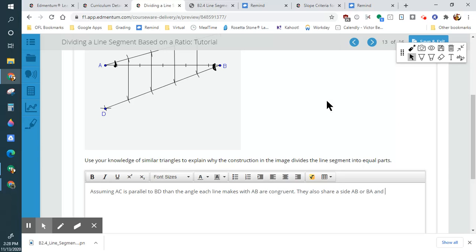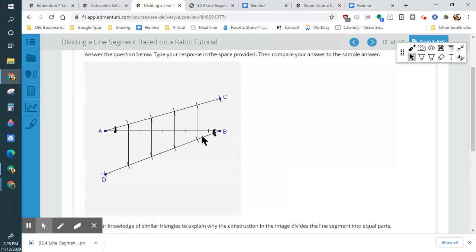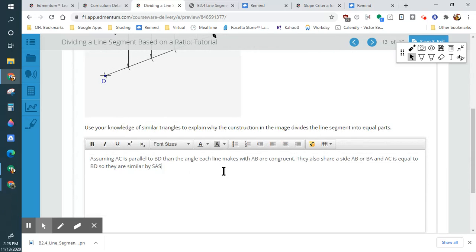And AC is equal to BD. So they are similar by side, angle, side. We're going to assume that this side is equal and that side is equal. Why does this work?